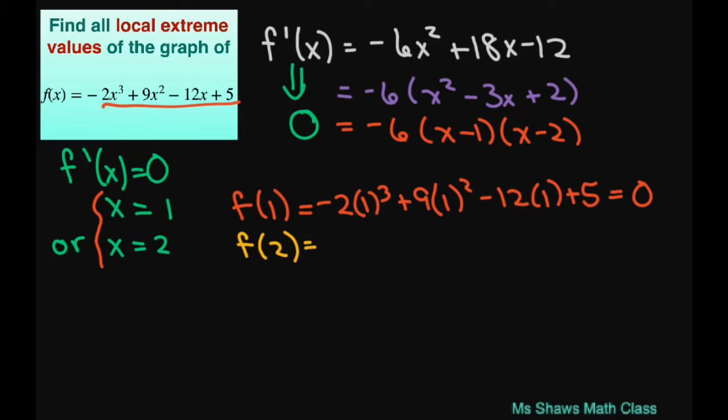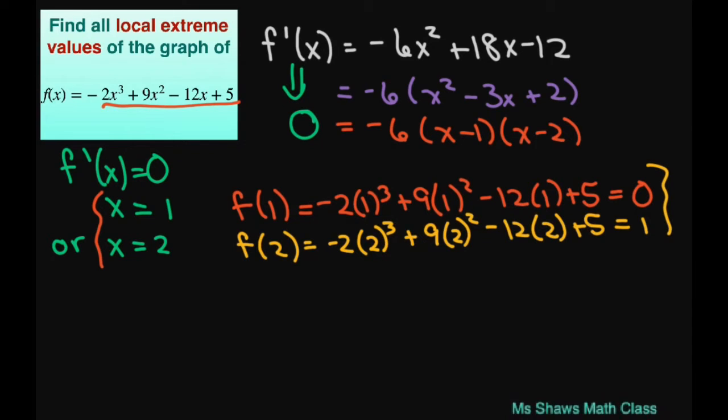F of 2 is going to be negative 2 times 2 cubed plus 9 times 2 squared minus 12 times 2 plus 5. That equals 1. So now we have to look and see which one, if 0 is a local min or max, or is 1 a local min or max at our x values.